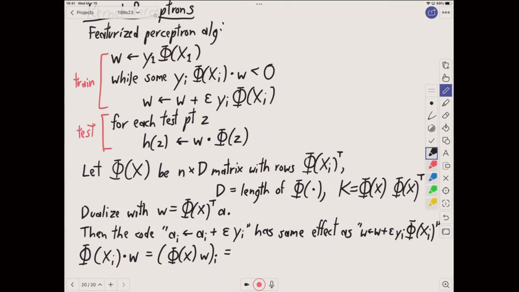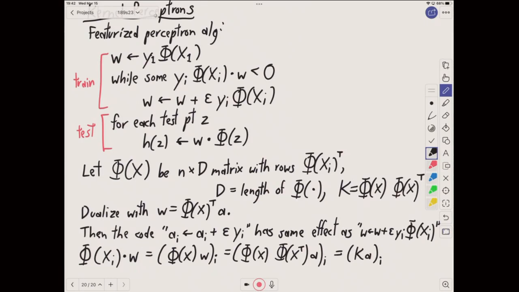And now if I substitute in my value for w, then we get phi of X times phi of X transpose times a, pick out the ith component, and we recognize that product of those two matrices as just being the kernel matrix. So this boils down to just take the kernel matrix, multiply it by the dual weights, pull out the ith component.